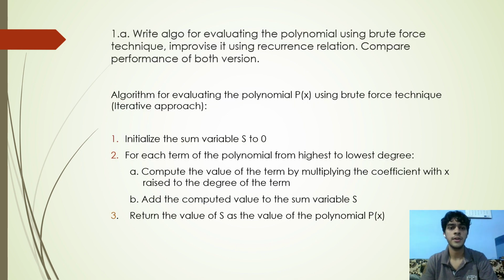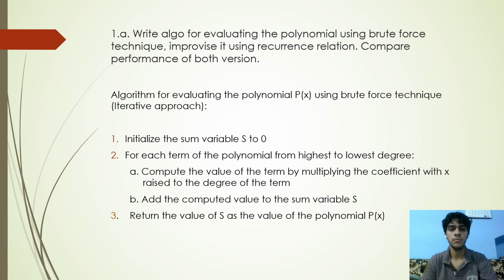First question: write an algorithm for evaluating the polynomial using the brute force technique, improvise it using a recurrence relation, and compare the performance of both versions. Firstly, we will see the algorithm for evaluating the polynomial using the brute force technique. In the first step, initialize the sum variable s to 0.